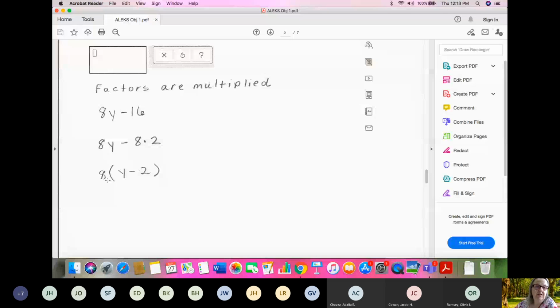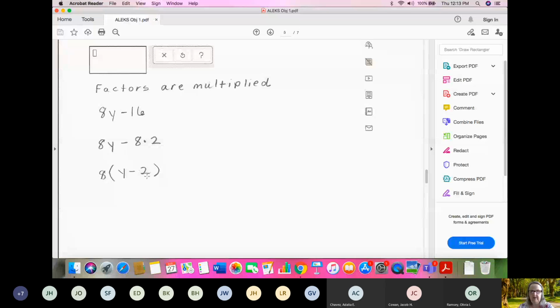This 8 out of this term, 8's going way out front, so there's just a y left inside. Subtraction is really adding a negative, so I can sneak in that plus sign and call it a term. So this is the term negative 8 times 2. That 8 goes way out front, and we have a minus 2 left inside.